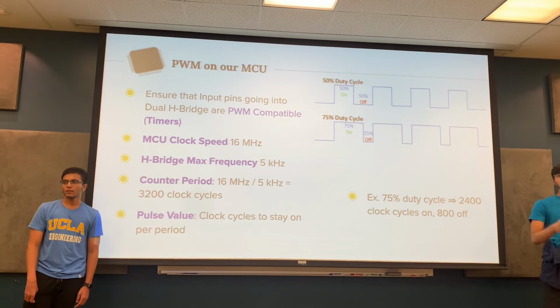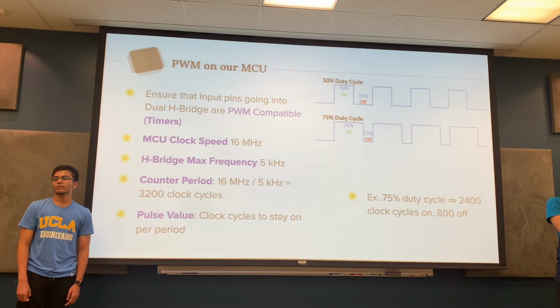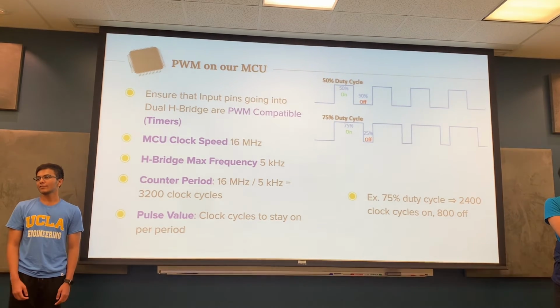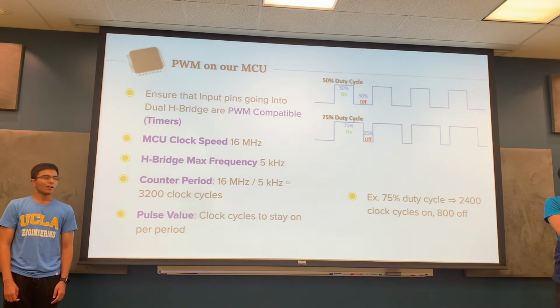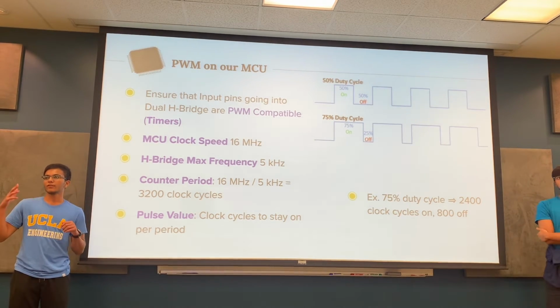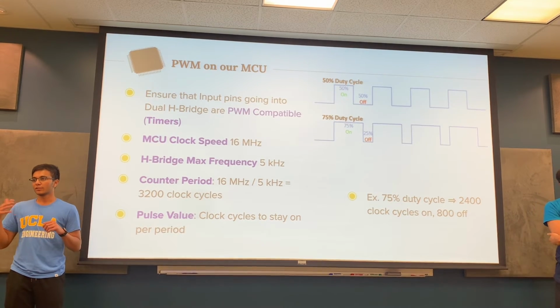Okay. What if you try to use a higher frequency than the max frequency of the H-bridge? It just won't work properly. Why? Well, you know how you're turning the transistors on and off really rapidly?